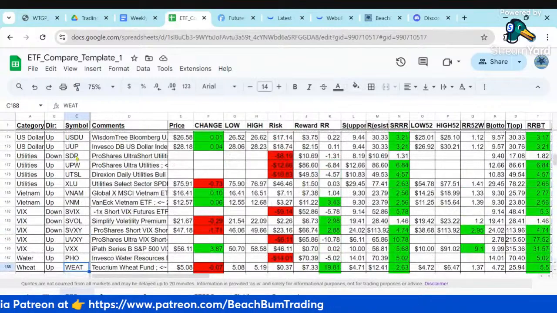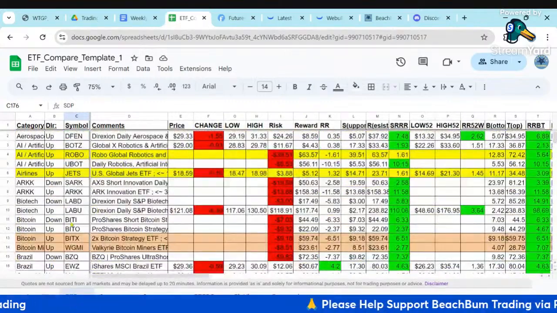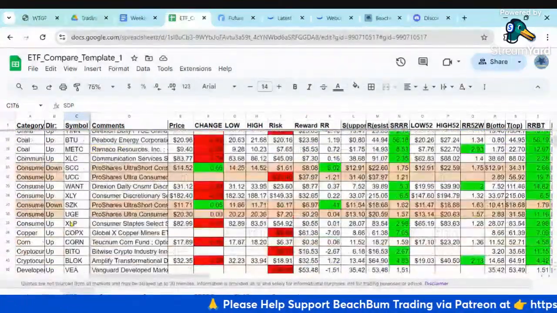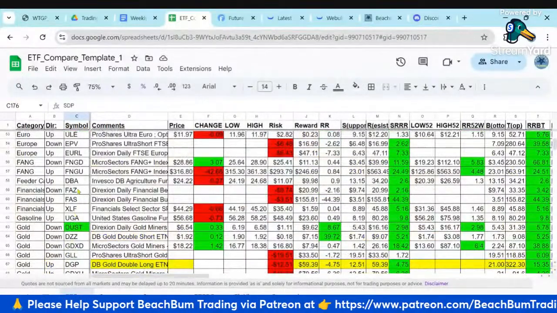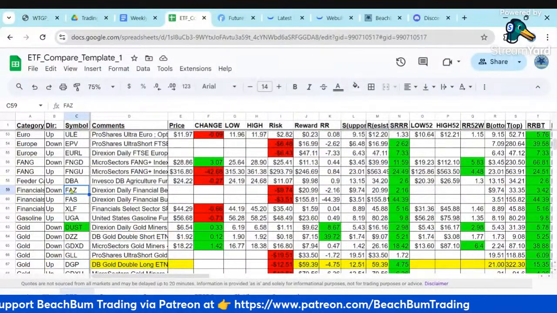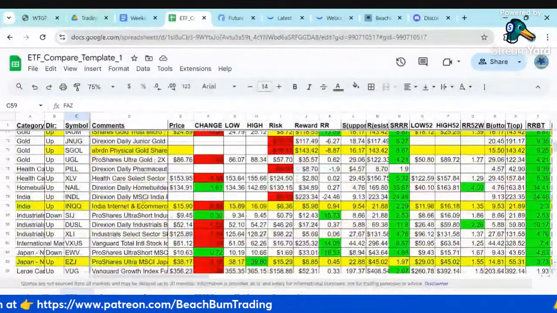We've also got different sectors. If we see that profit taking and sector rotation, and you're looking for a short opportunity, like we've talked about with financials, there's FAZ, which is the short on the financials. We're currently long FAZ, so we're already shorting financials.